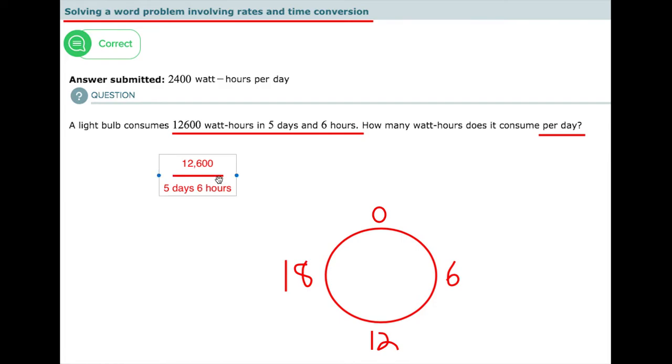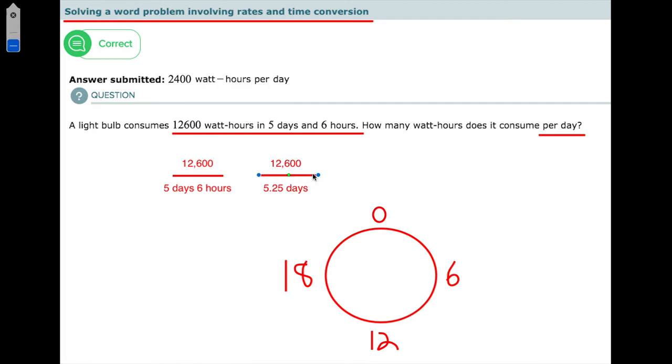So how we're actually going to write this is a little bit different. We're going to write this as 12,600 over 5.25 days, because it's not actually 5.6 days, it's 5.25, because this is 6 hours, and 6 hours is 1/4 of the way through the day. 1/4, 2/4, 3/4, 4/4.